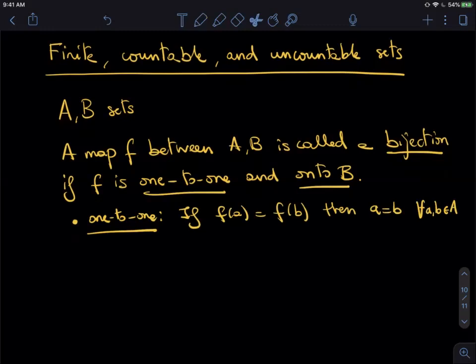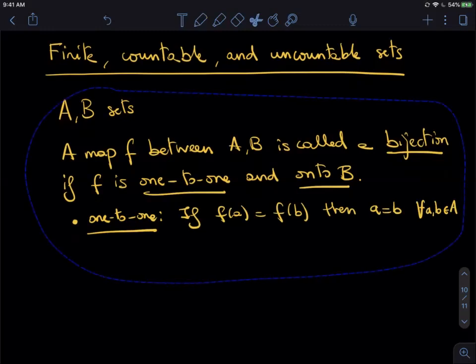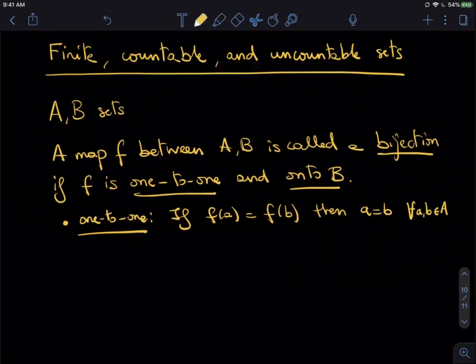And then the second thing we need for a bijection is that it's onto.